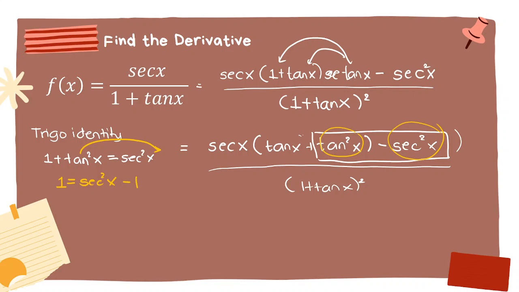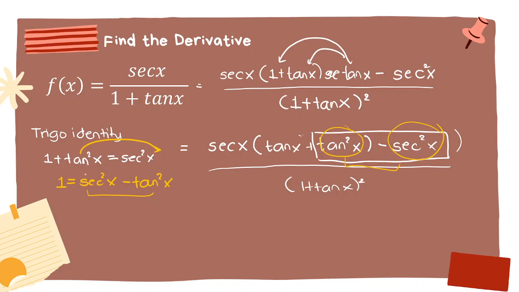Di po ba yan Pythagorean identities? Pythagorean. Kaya lang, hindi magkamukha dito. Ano gagawin ko? Ibig sabihin pala, ang negative pala ay si sec squared x. So, therefore, anong magiging sagot ko? Si tan squared x daw at si sec squared x, equal lang siya sa negative 1.